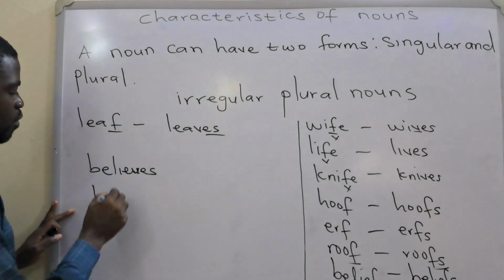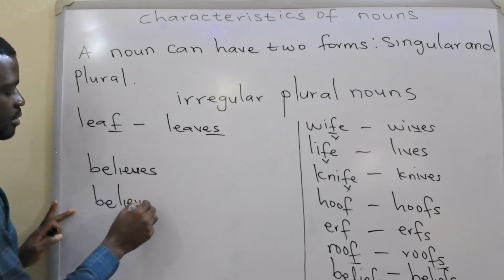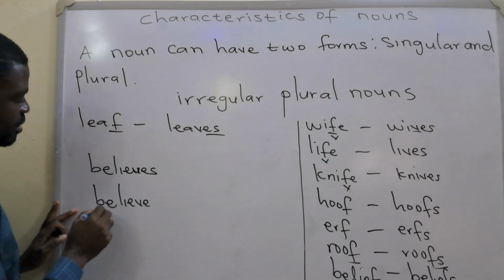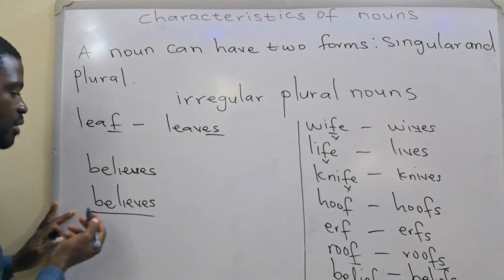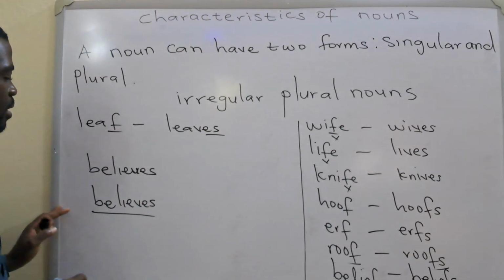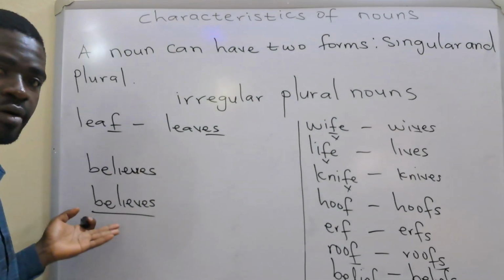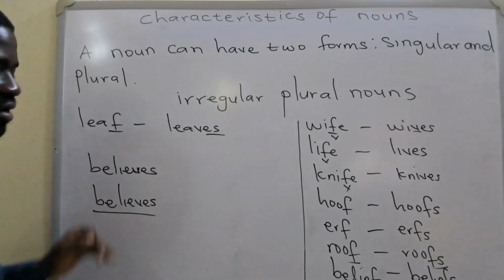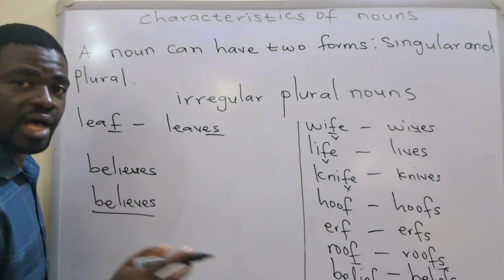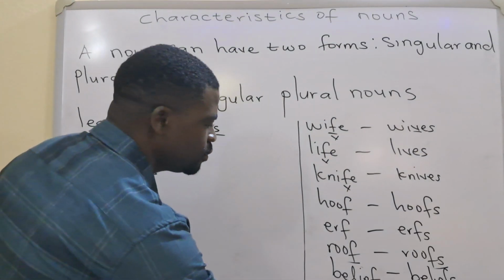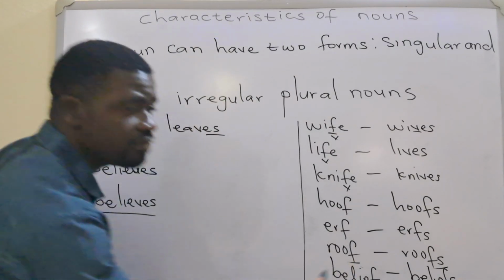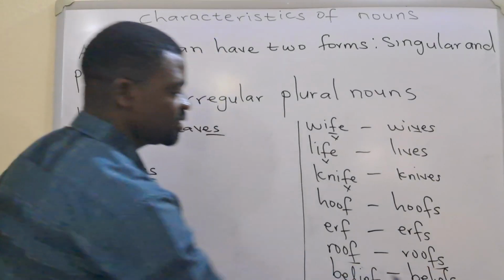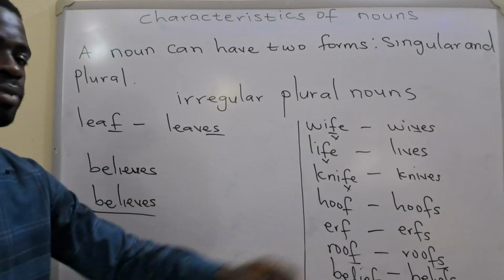If you use this one, this is a verb. So the verb can carry believes. Believes for the simple present form of the verb believe. But if it is used as a noun, then you don't need to change this F to V. You just add your S to the F and you form your plural.